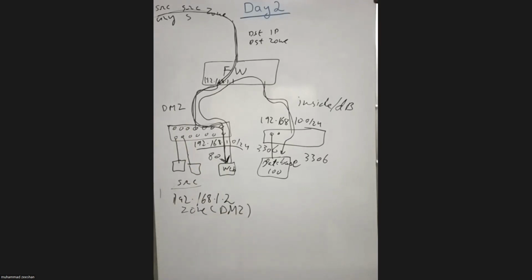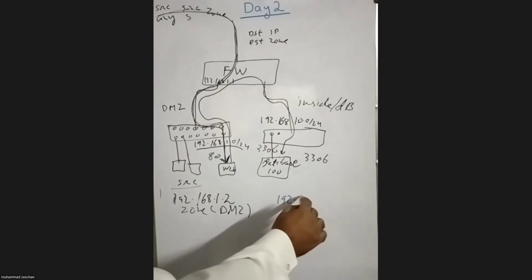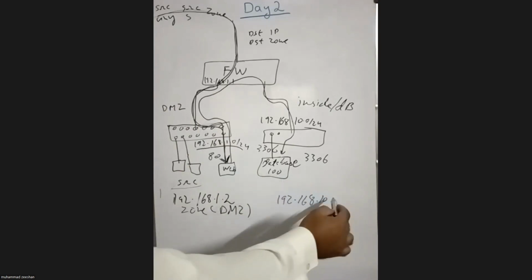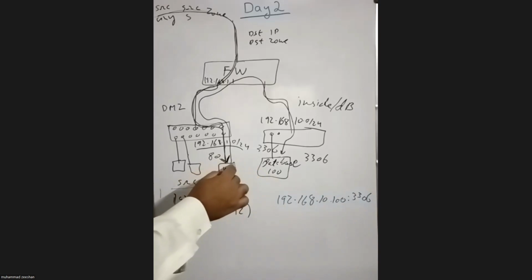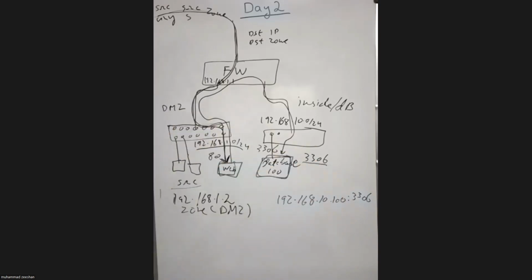And if it wants to connect to the database server which is running on DB zone, and the destination IP address is 192.168.10.100, and the port is 3306. So only this PC is allowed to talk to this database on this port, not any other port.